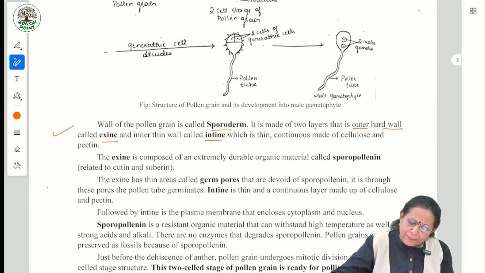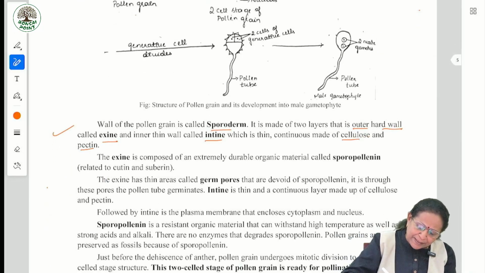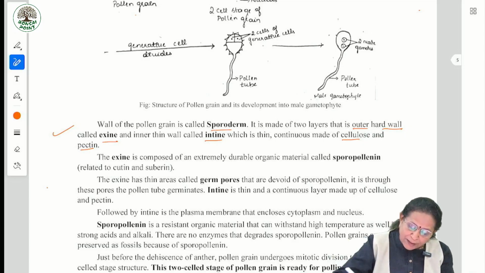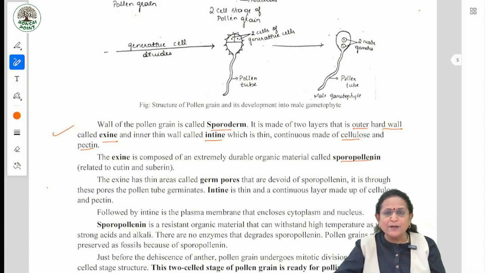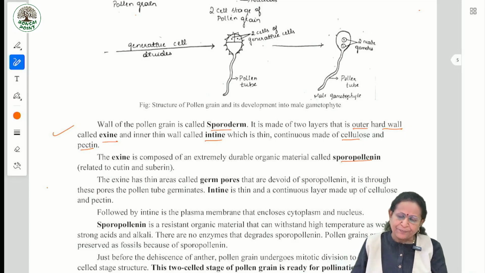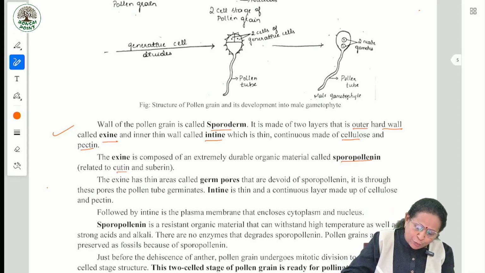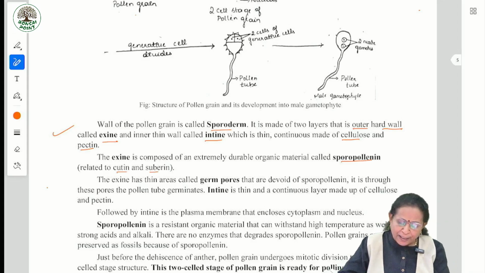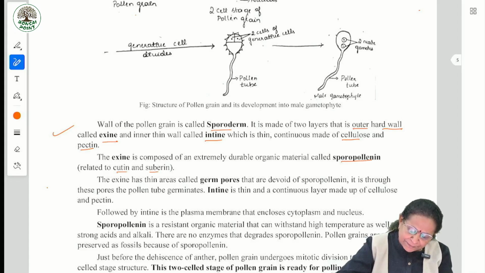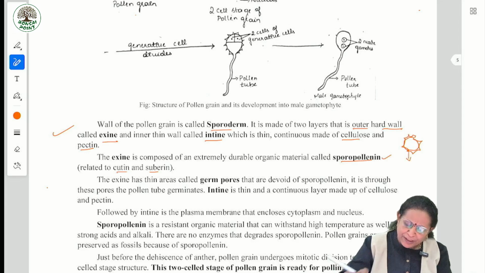It is made of an outer hard layer, exine, and an inner thin wall called intine. The intine is made of cellulose and pectin, whereas the outer wall, the exine, is made of sporopollenin. It is related to cutin and suberin. This exine has thin areas which are devoid of sporopollenin.